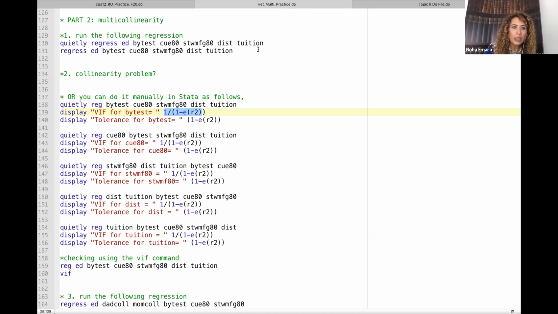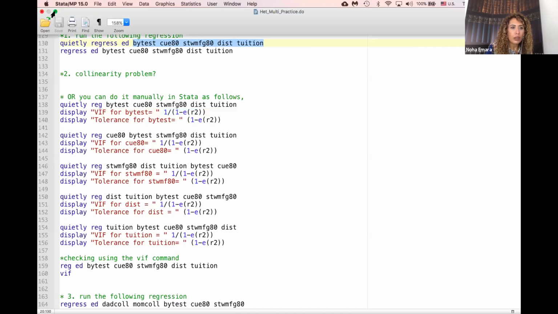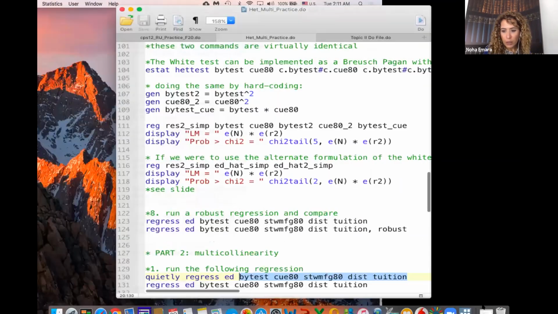And I might be interested in finding out whether I do have multicollinearity between the x's. Remember, multicollinearity is all about the x's, not about the y, it's not about education. So I can either type a VIF command as Dan did, or I can do it manually, okay? So let's see.